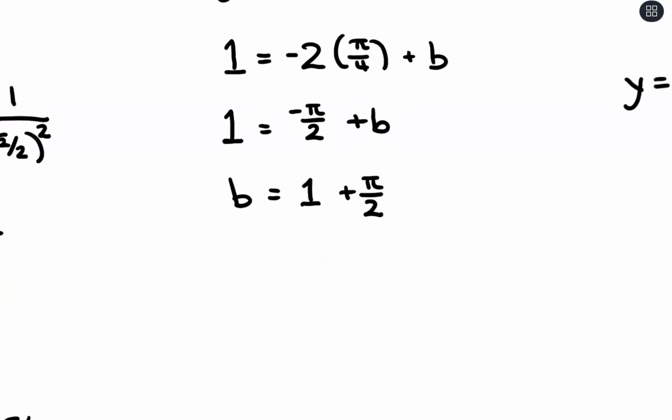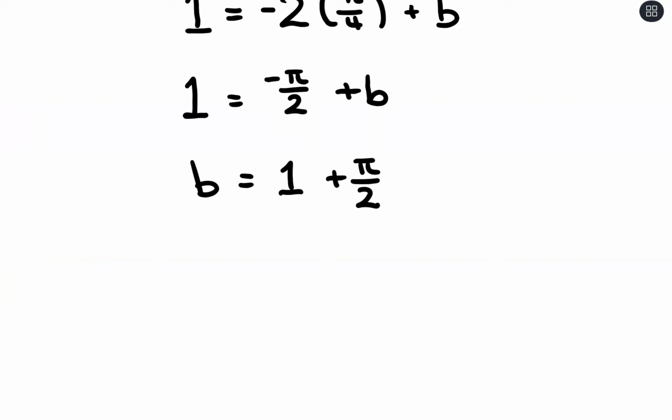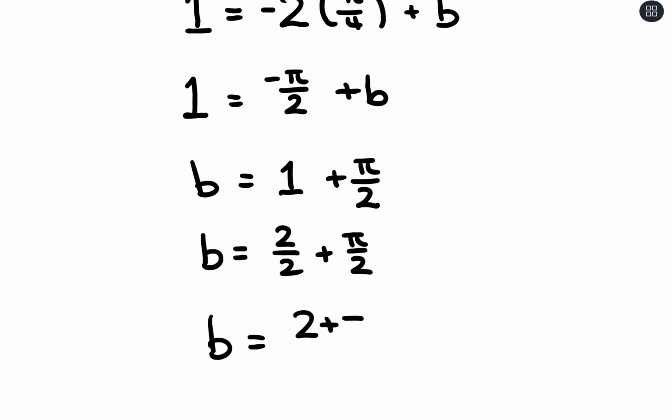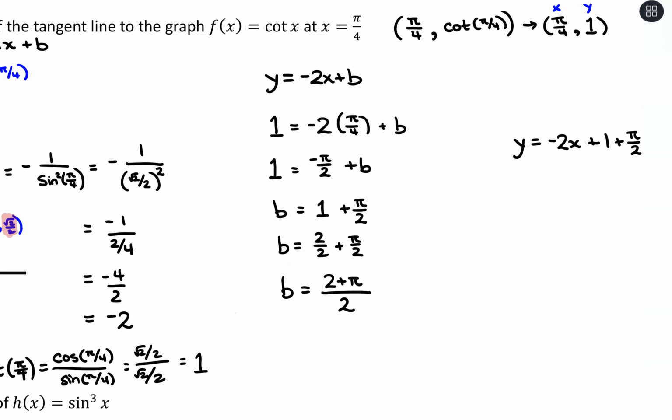Another way we could write this is to have b as a single value, which we typically like to have. So what I would do is think of 1 as 2 over 2 plus pi over 2. So b is the equivalent of 2 plus pi as a single numerator over 2. So that more represents it as a single value rather than as separated.